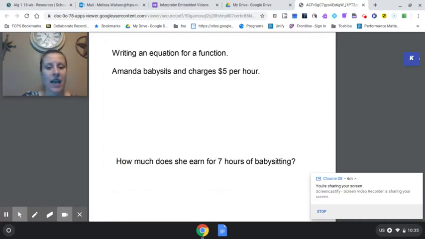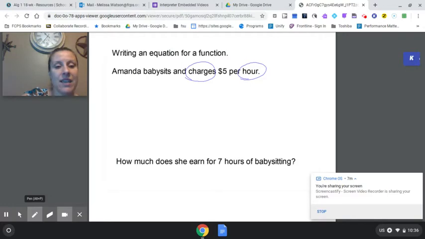So we need to decide between time and charge, which one would be the independent variable and which one would be the dependent variable. So in this case, the charge is going to depend on the time spent or the hours spent babysitting. So in this case, the time is the independent, and the dependent variable would be the charge.